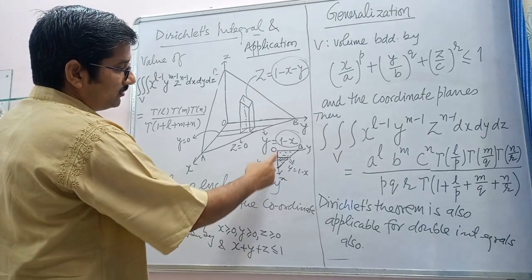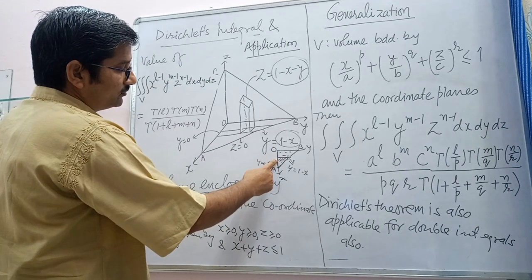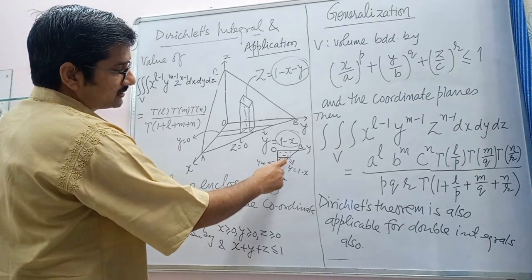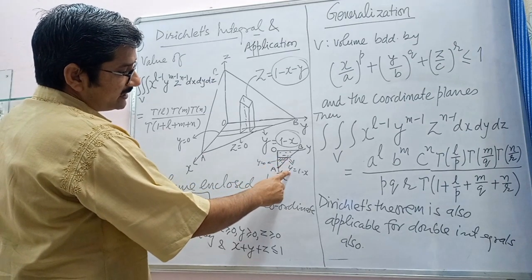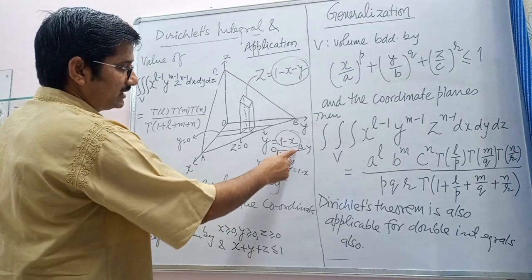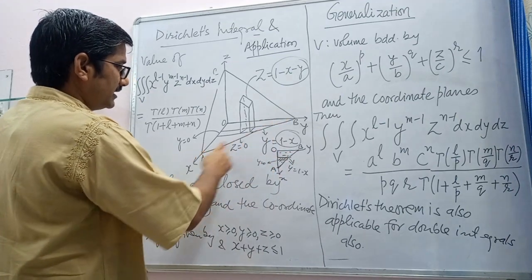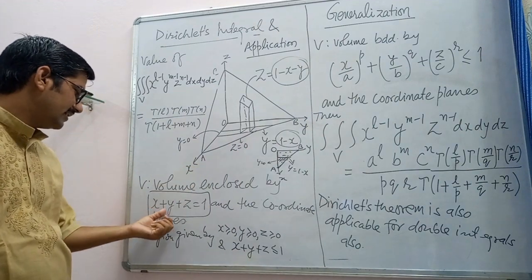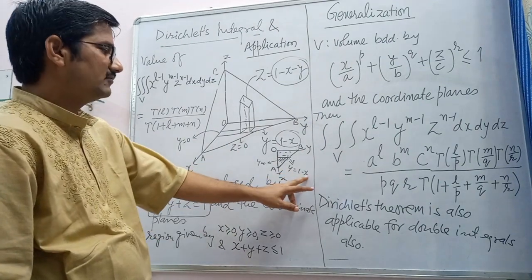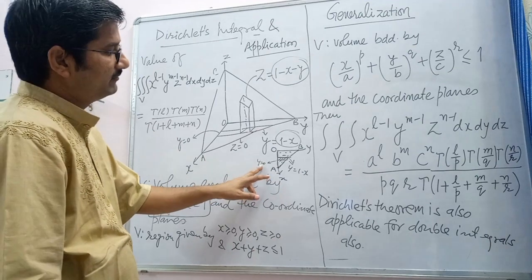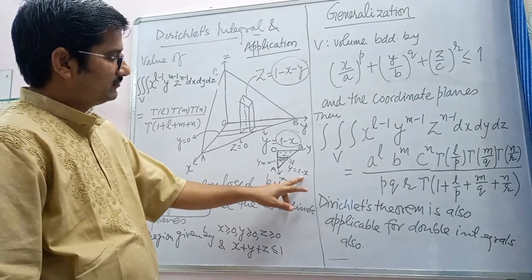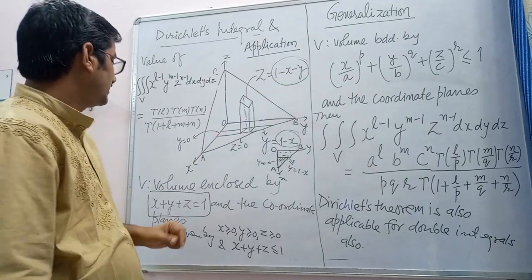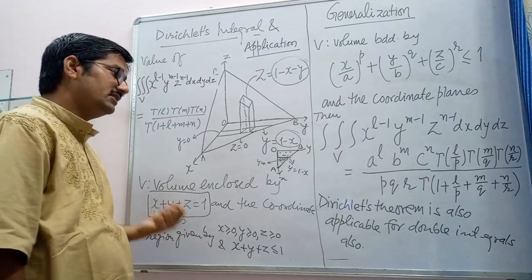The lower end of this strip will move over y equal to 0, and the right end will be at y is equal to 1 minus x, because for the equation of this line, by putting z is equal to 0, we will have x plus y is equal to 1, so y is equal to 1 minus x. So the limits of y will be 0 to 1 minus x, limits of z will be 0 to 1 minus x minus y. And then what about the limits of x?